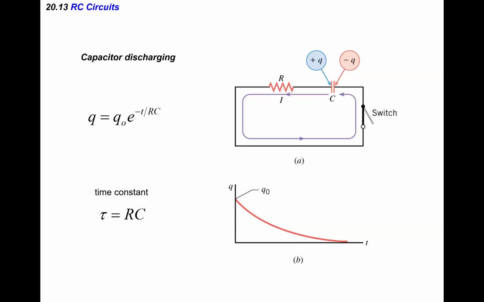And then we also have discharging. If the capacitor is fully charged and you want to discharge it, you remove the power supply, so the current will start to go. It's like a battery. The capacitor looks like a battery, and you have a discharging equation that looks like this. So charging is this, discharging is this.